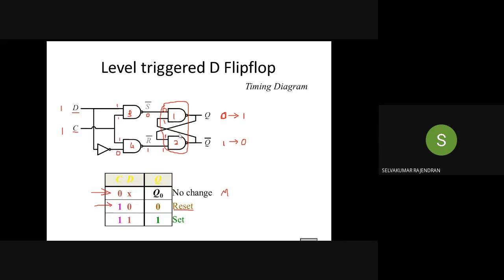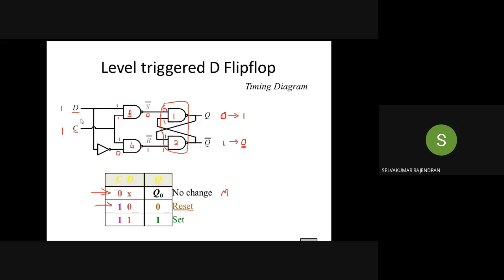The previous value of Q bar is assumed as logic 1. This logic 1 is applied to NAND gate 1. So NAND gate 1 having logic 1 on one input, logic 0 on the another input. So this NAND gate produces logic 1 here. Then again this logic 1 is applied to NAND gate 2. This NAND gate 2 having logic 1 on both the inputs, so it produces logic 0 at the output. That is Q bar.